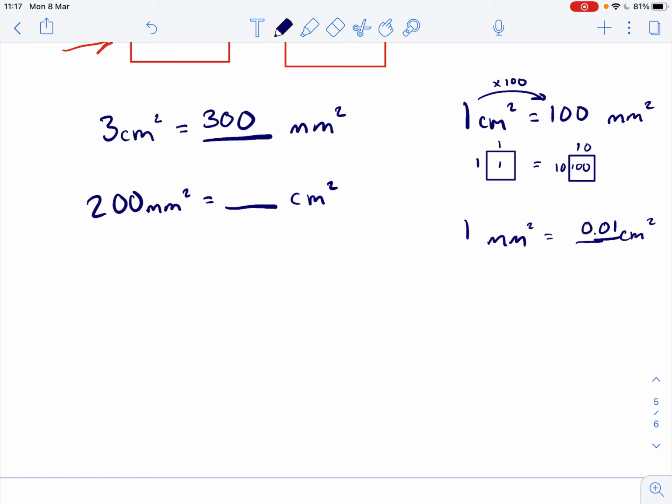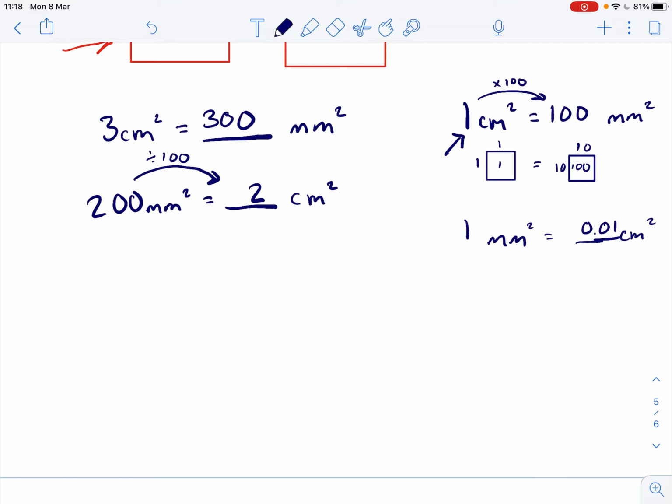So I would always start with the largest unit as 1, and work out how many of the smaller units go into it, and you'll get a whole number. So here we already know our conversion between 1 centimetre squared and millimetre squared is timesing by 100. So to go the other way, I would need to divide by 100. So this would be 2 centimetres squared.